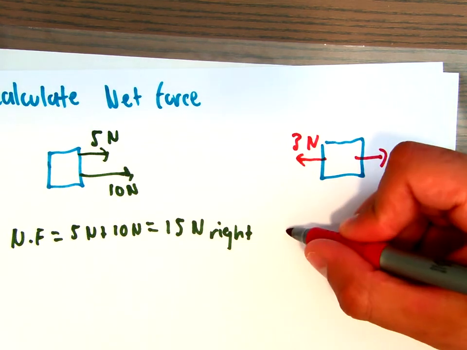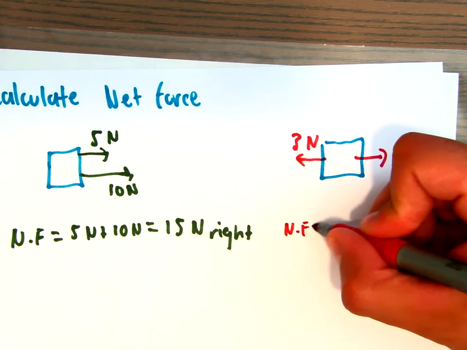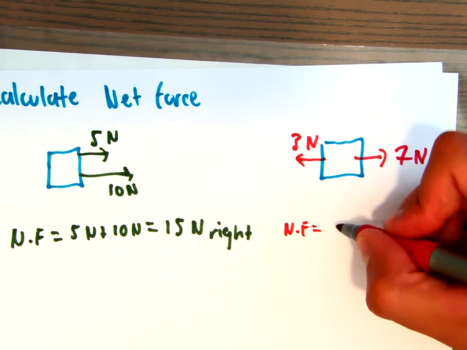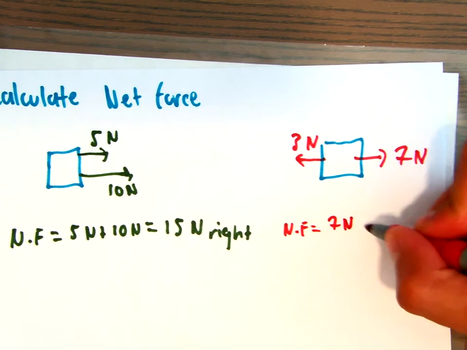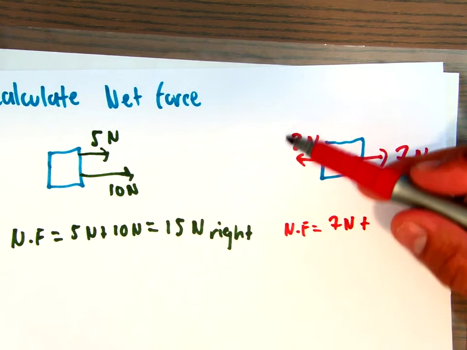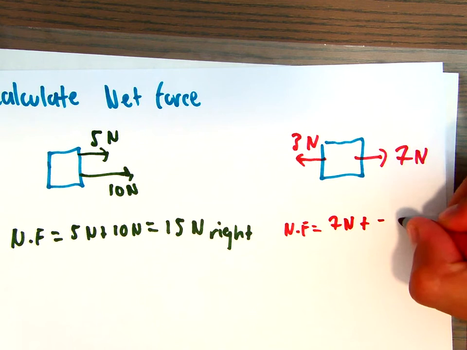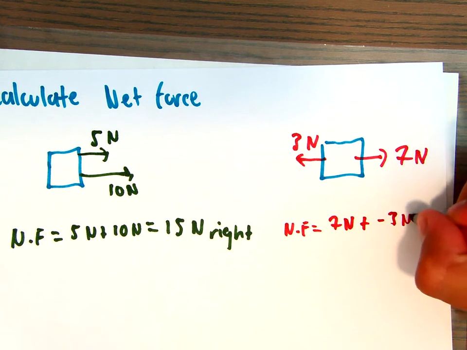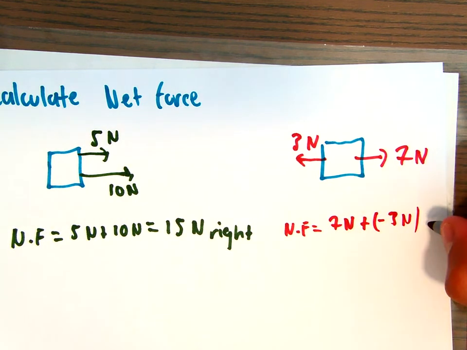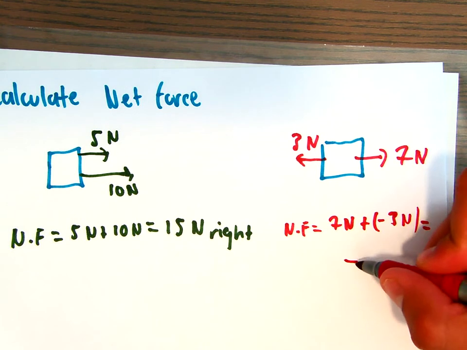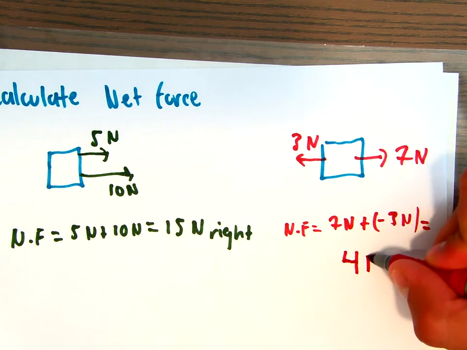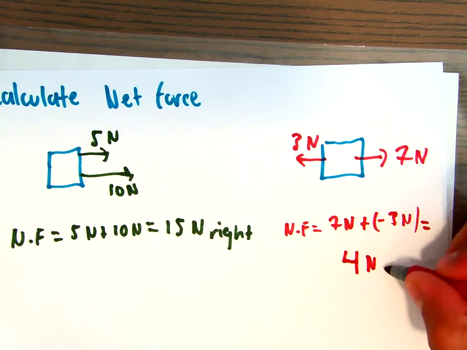So if we're trying to find the net force, we're going to say it's 7 plus, well, this is going to the left, so it's going to be negative, -3 N. Okay? So 7 plus -3 gives us 4 newtons. This is a positive number, so it's to the right.